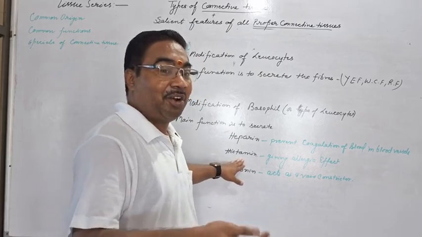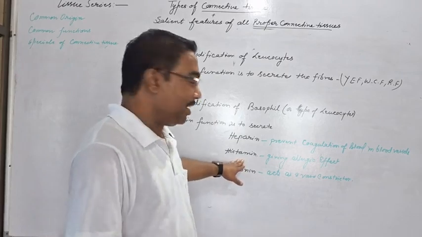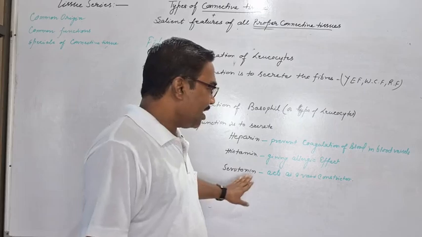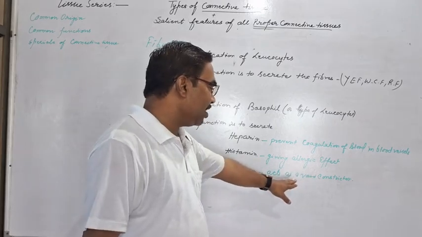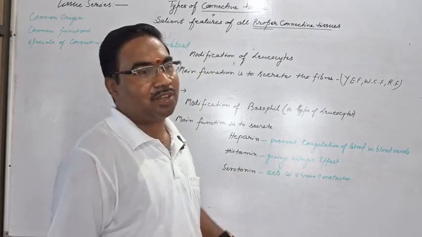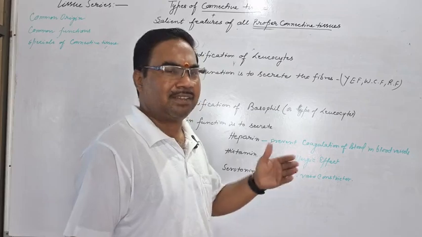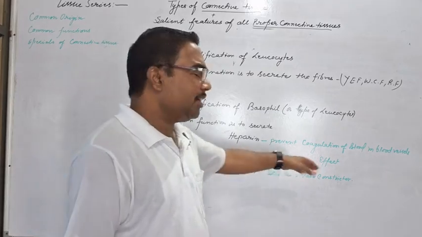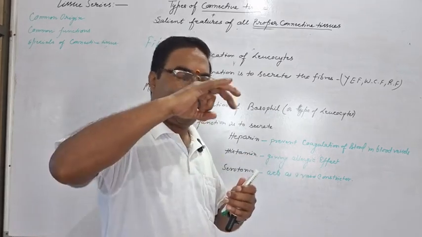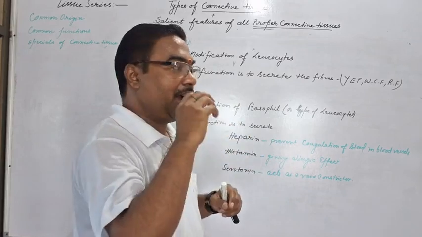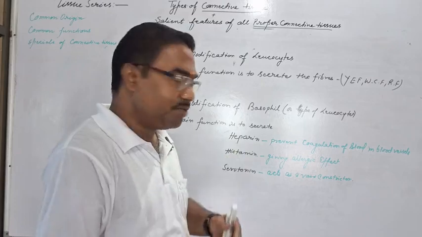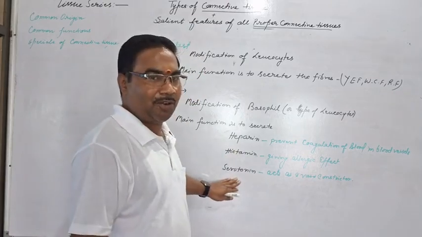It is not giving a good effect. Serotonin works as a vasoconstrictor. The word vaso came from vessel; arteries, veins and capillaries are the vessels, and constrictor means reducing the diameter. So if the diameter of the vessel is reducing, it may be caused by serotonin.